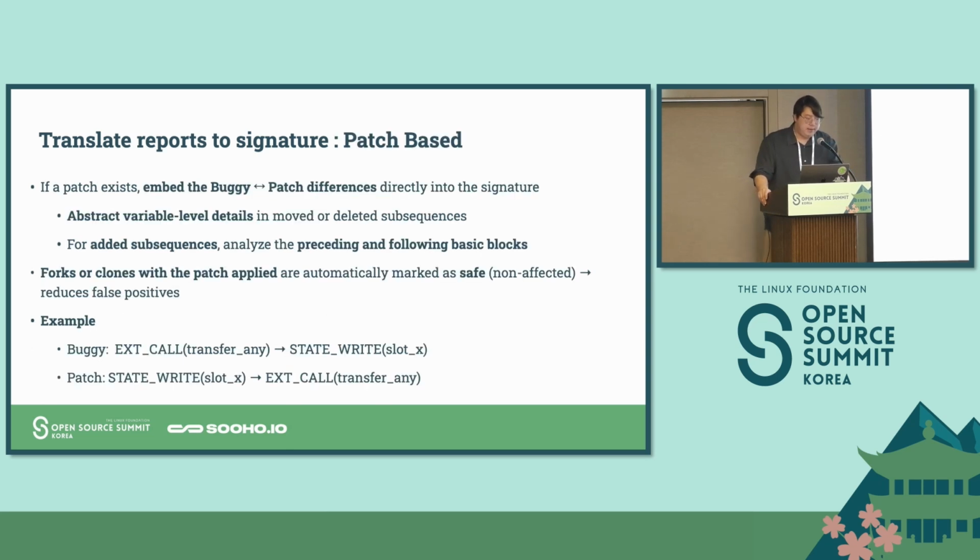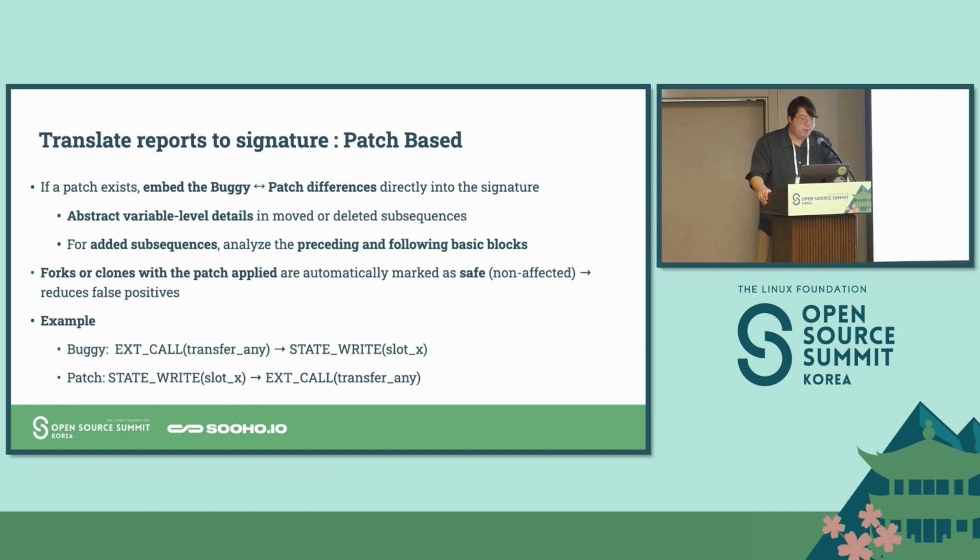Let me explain some approaches to translating reports into signatures. Let's start with the simplest case, when a patch exists. In that case, we build a signature directly from the difference between the buggy version and the patched version. The idea is straightforward.